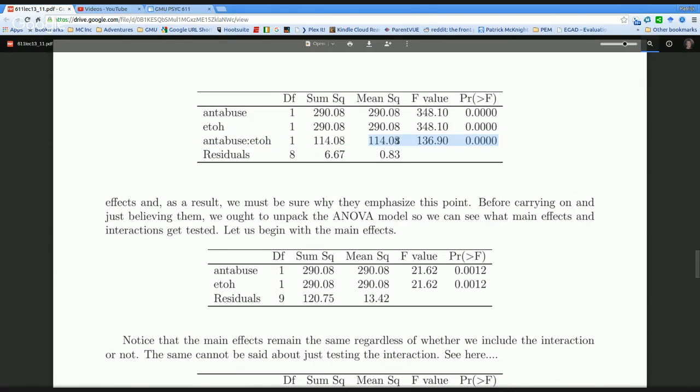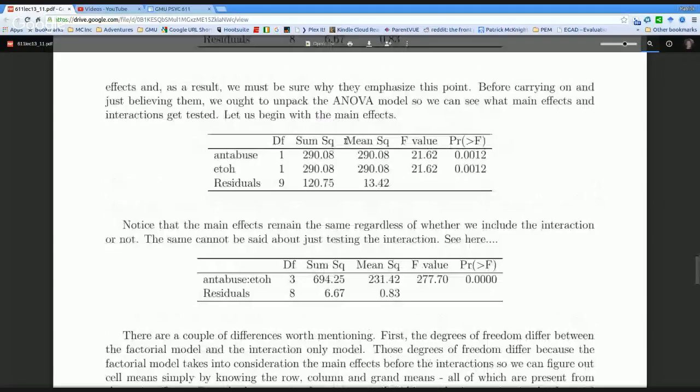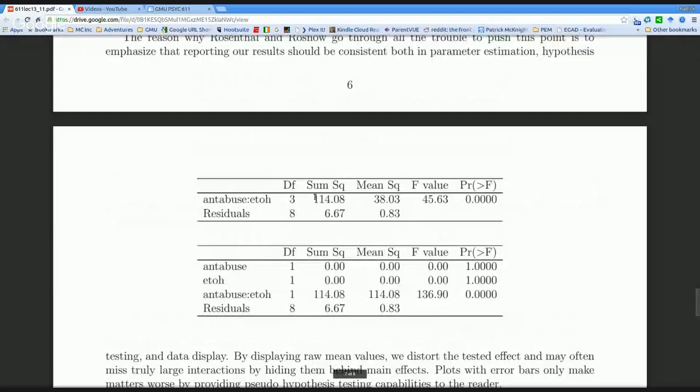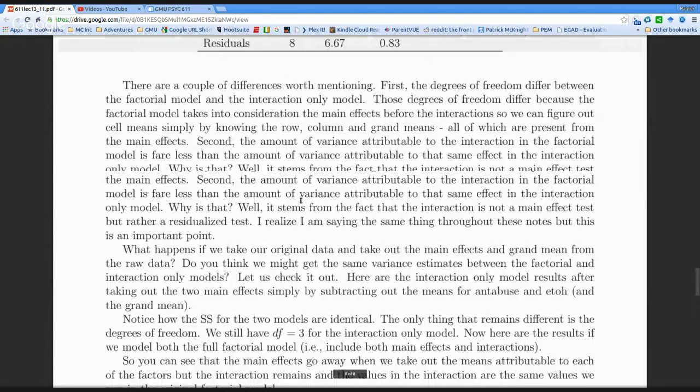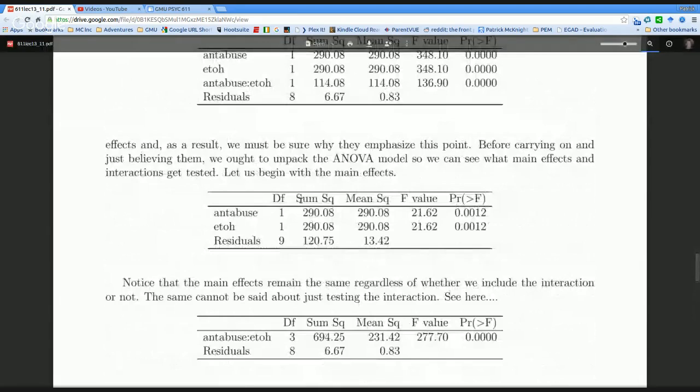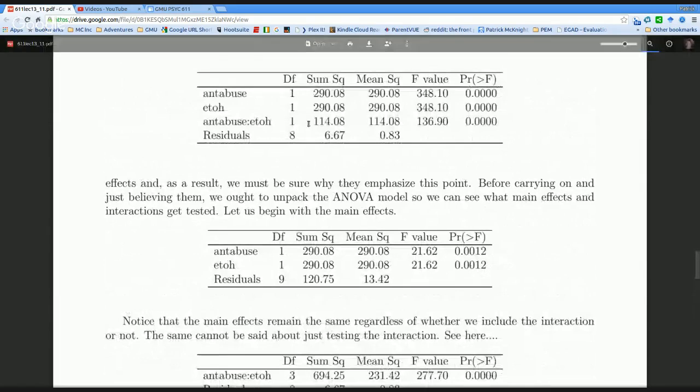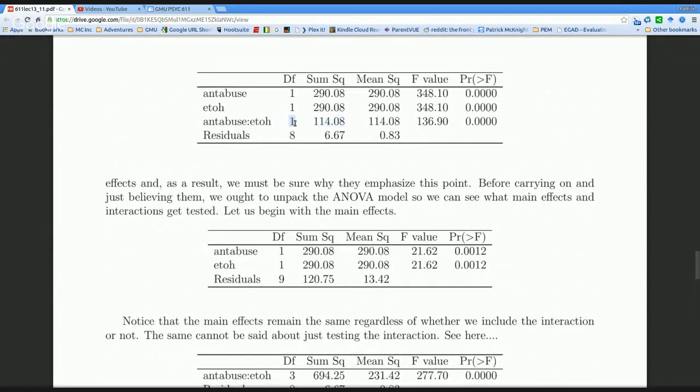This F value is based upon the mean squares, not the sums of squares. Look right down here, 114.08. But if we look at the degrees of freedom, whoa, wait a second, I've residualized out, but I still have many degrees of freedom, right? Take a look at this. 114.08 divided by 1 is 114.08.